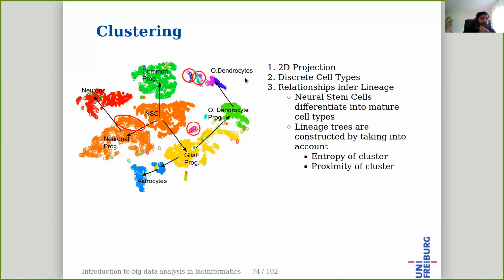The entropy here means the gene expression profile. So here you see noisy expression profiles, but in the mature cell types you see a clear distinction of the gene expressions between the oligodendrocytes and astrocytes. This information can be used to infer the relationship between these clusters and how these cells are differentiated.